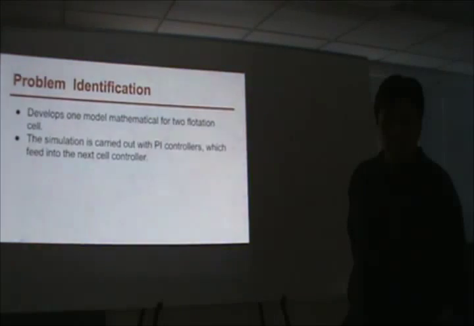The problems are, for example, interaction between cells. You don't have coordination between controllers. Each controller works independently, so it generates a problem. If you are moving one level in one cell, you are affecting the other one because they are interconnected.